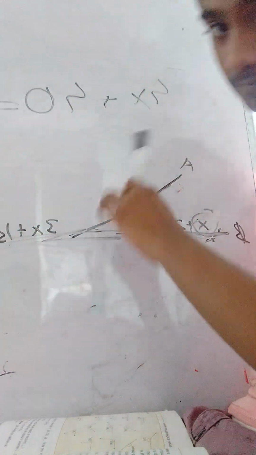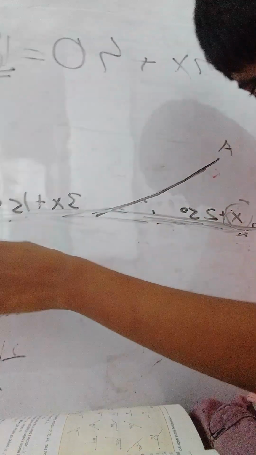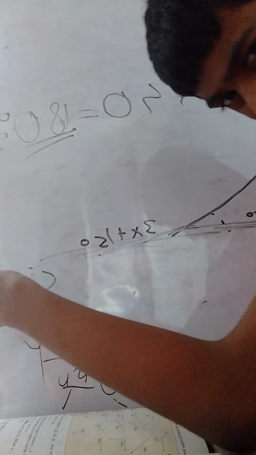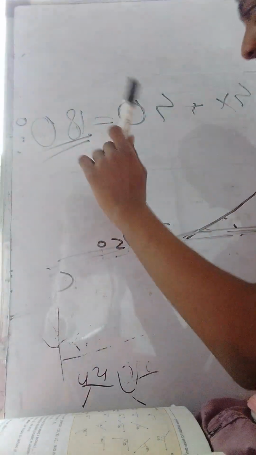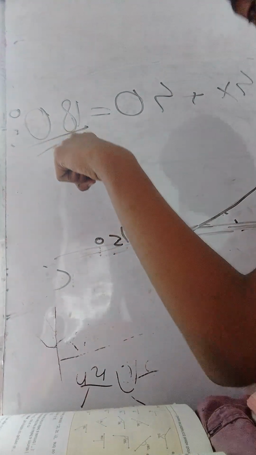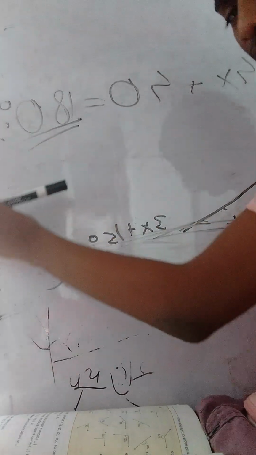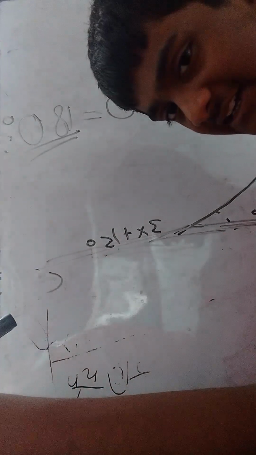But we found what 4x plus 40 is. Now, we know that 4x plus 40 is 180 degrees. But we didn't find x. We have to find x, not 4x plus 40. But how do we find that?